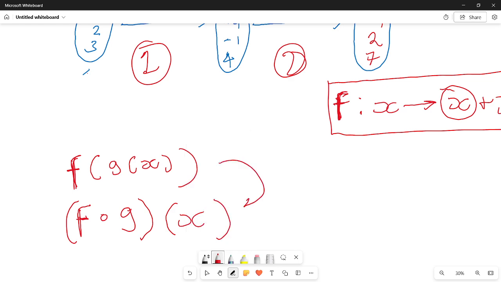So these things are the same. So let's look at an example of how we apply this.